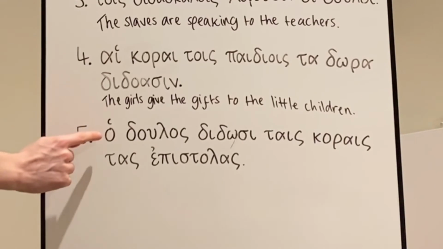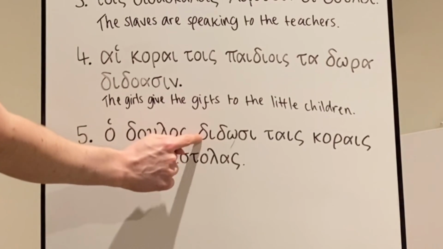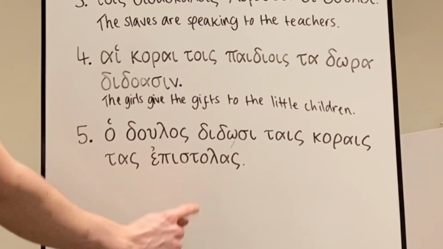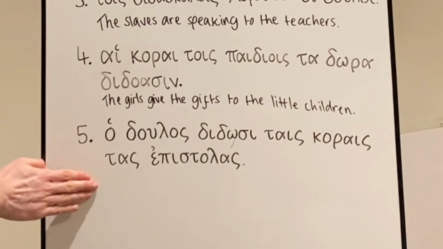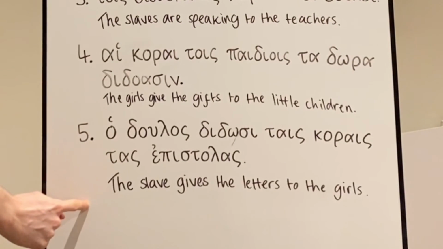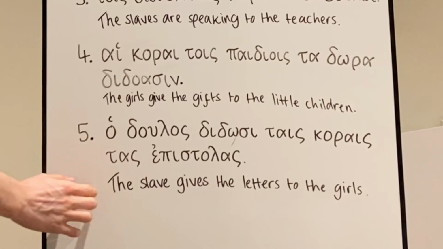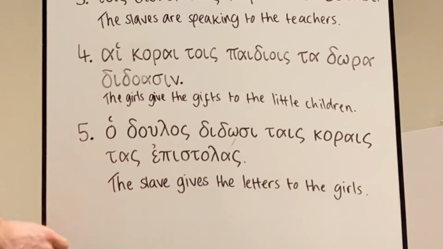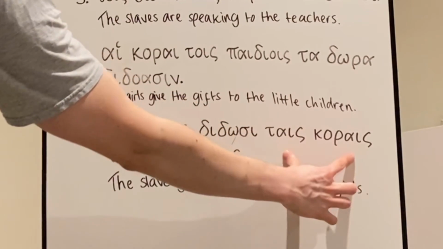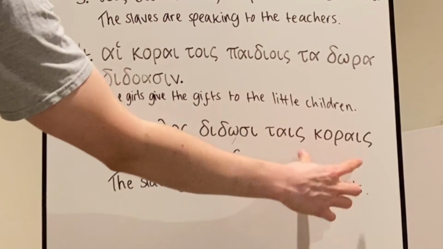Finally, for number 5, we had ho doulos didosi tais korais tas epistolas. And this should have been translated as the slave gives the letters to the girls. We know that it means this because we have the slave in the nominative, which we know from the definite article. Then we've got gives, so the slave gives. Tais korais is in the dative, so that's the to the girls part.